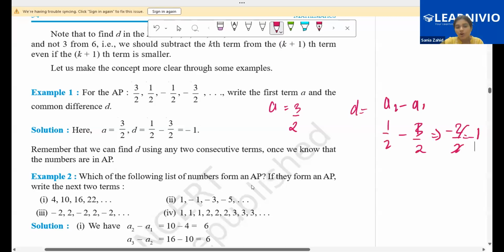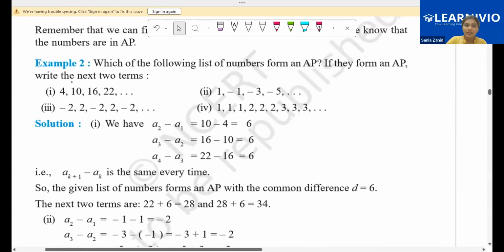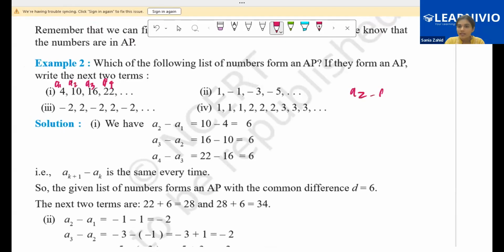Now, next is which of the following list of numbers is an AP, and if they form an AP, write the next two terms. So to check whether the given terms are AP or not, the difference must be equal, right? You should have a common difference. First of all, you name them A1, A2, A3, A4. So A2 minus A1 should be equal to A3 minus A2 should be equal to A4 minus A3, right?